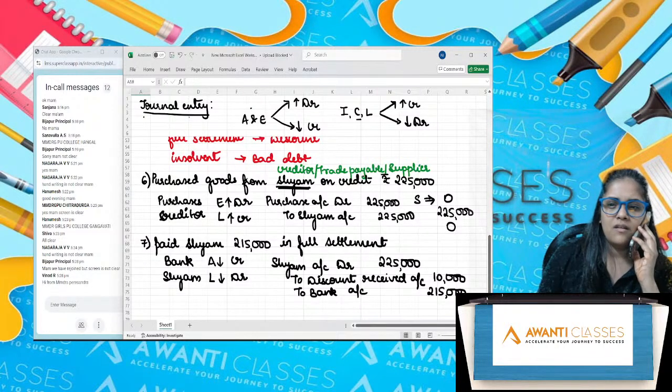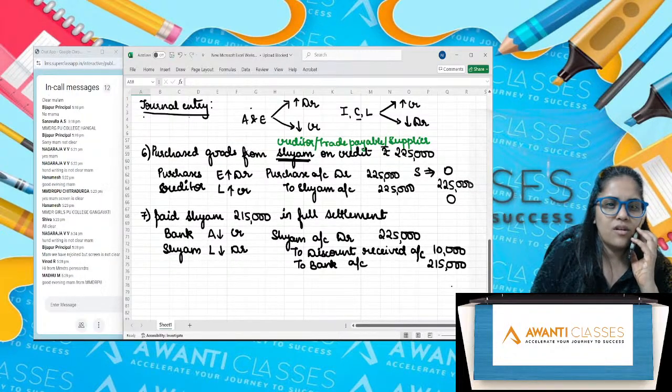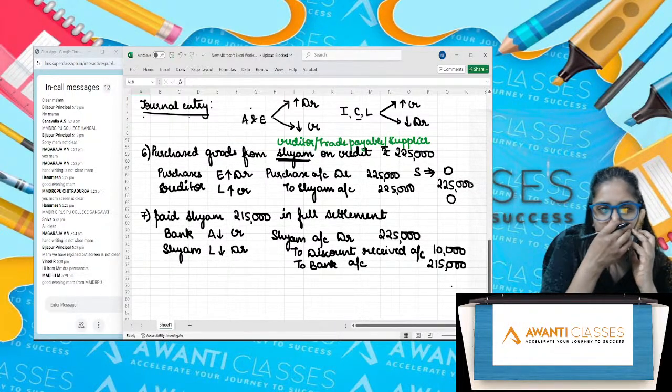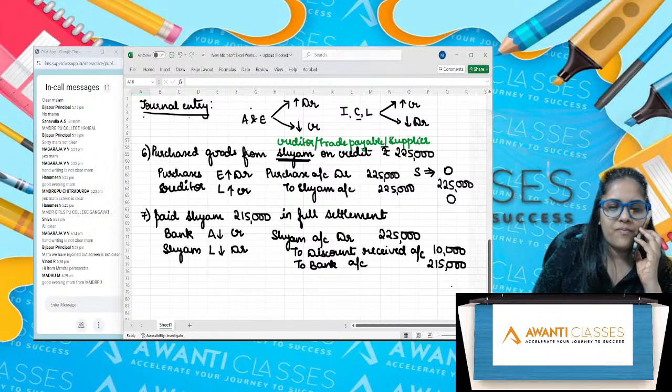They're saying the screen is not clear. They have rejoined as well. So what should I tell?